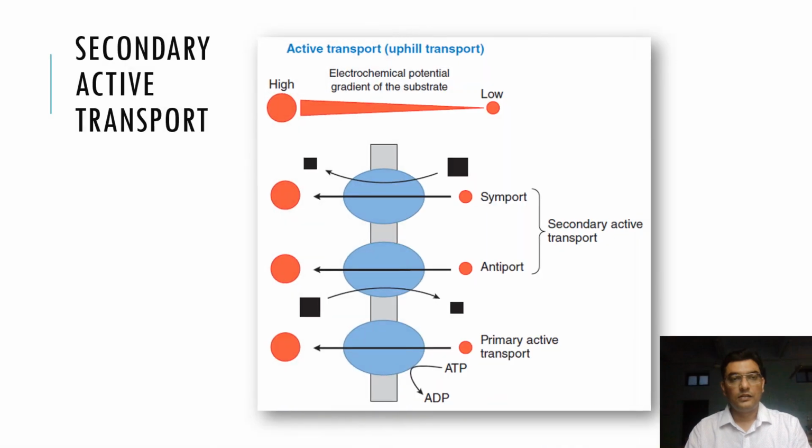Now we will see the secondary active transport. The secondary active transport also involves the movement of ions or molecules against their concentration gradient. So they are moving from lower to higher concentration. But with that, as you can see, there are some black squares, and these black squares are a secondary molecule or ion, and this secondary molecule or ion moves from higher concentration to lower concentration.